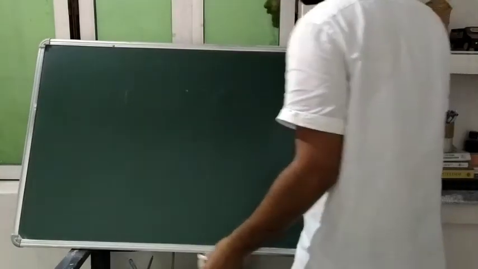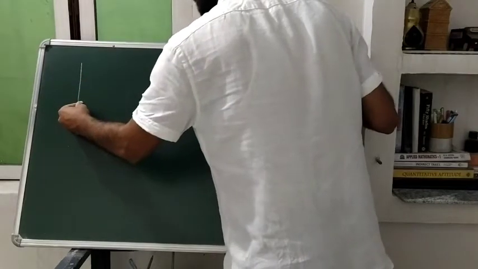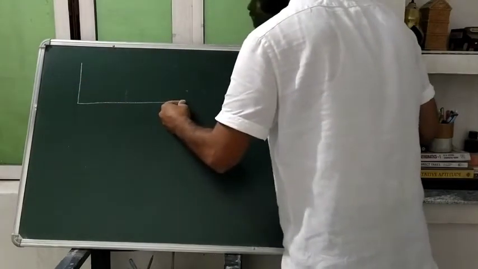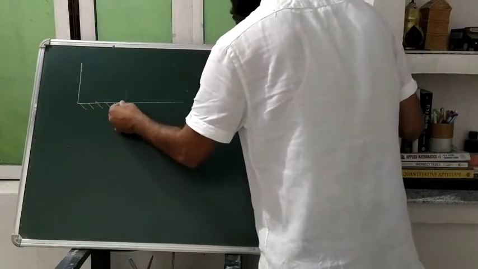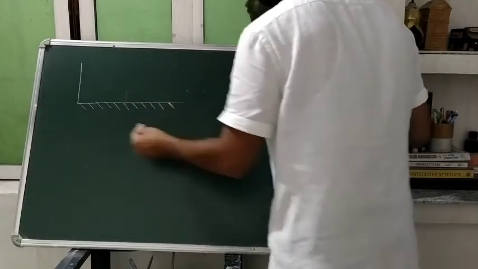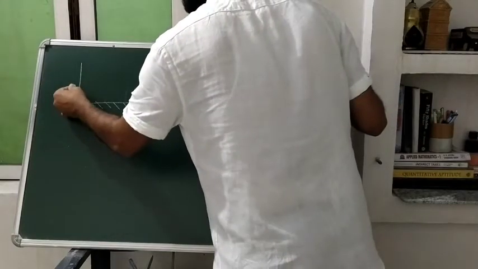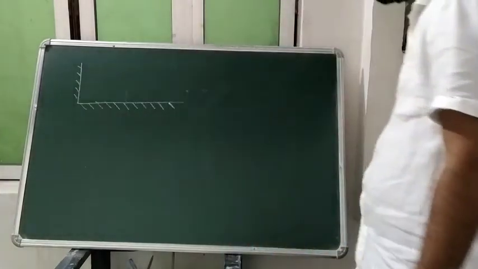We have a situation where we have a surface which is frictionless, no friction is present on this surface. Friction we will assume in the friction chapter.